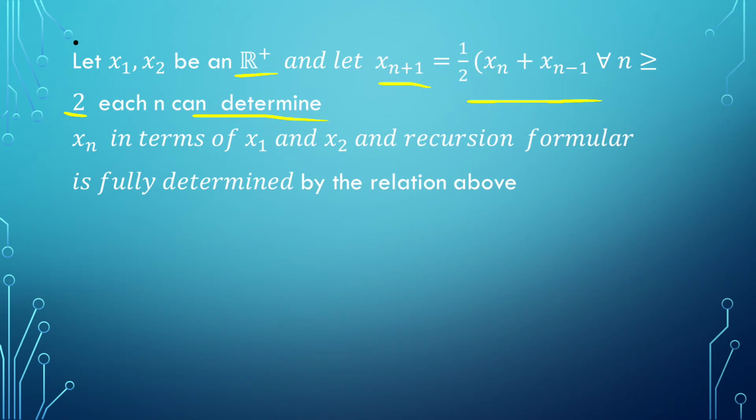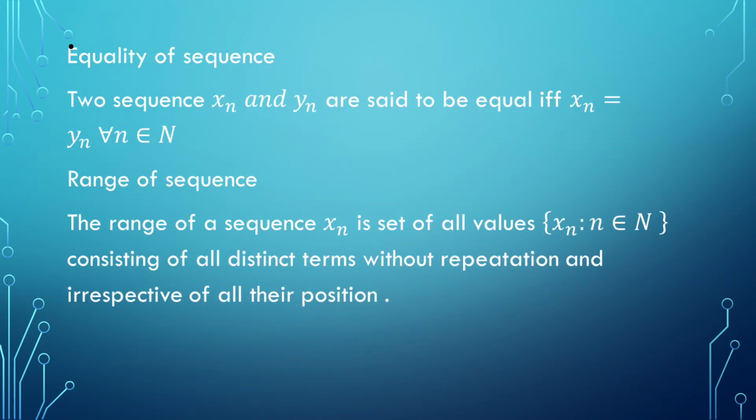So xn in terms of x1 and x2 and the recursion formula, you'll get the relationship that we have just seen above. You can just substitute and play with it, and you see that you can get a general way of defining the terms in the sequence. So those are the many ways that we normally use to define a sequence.